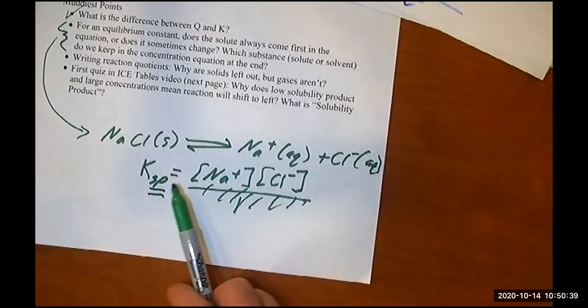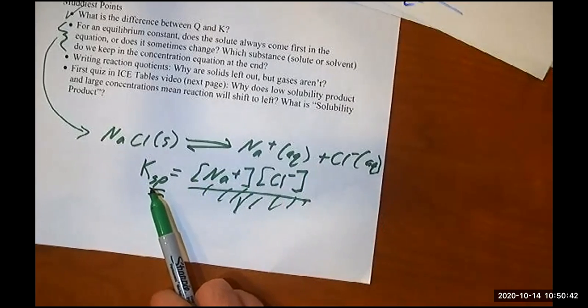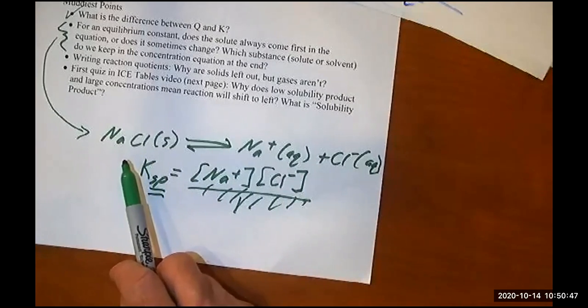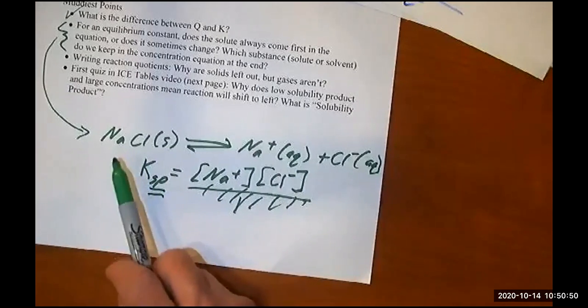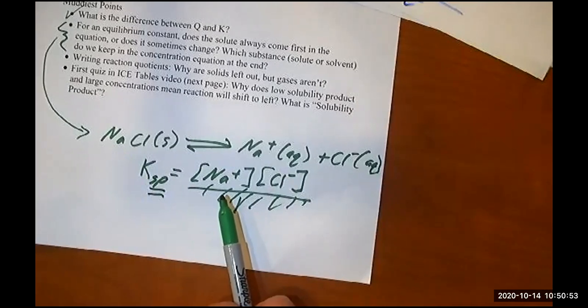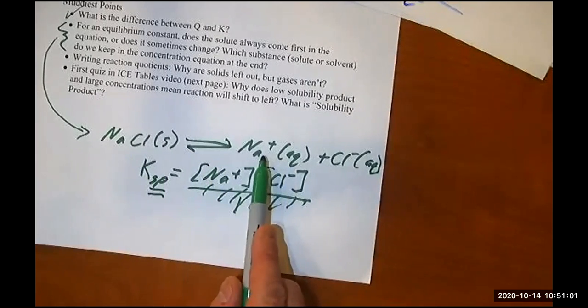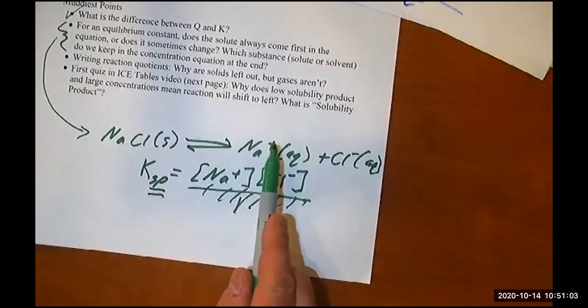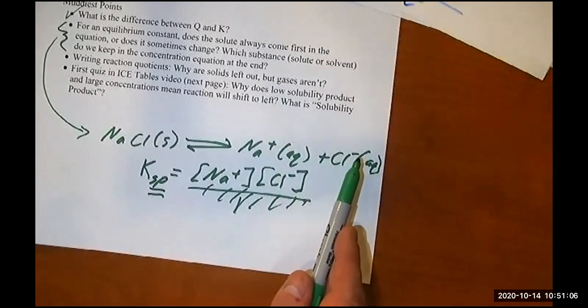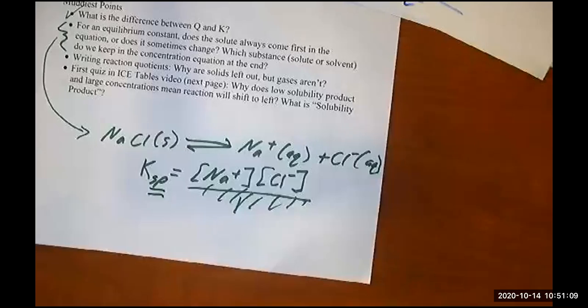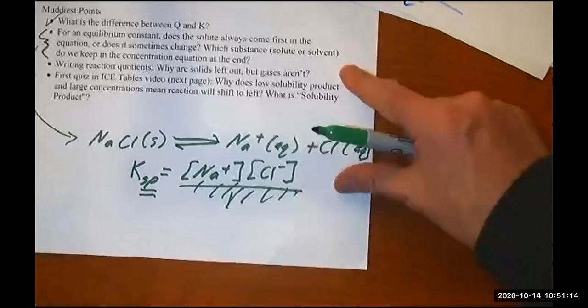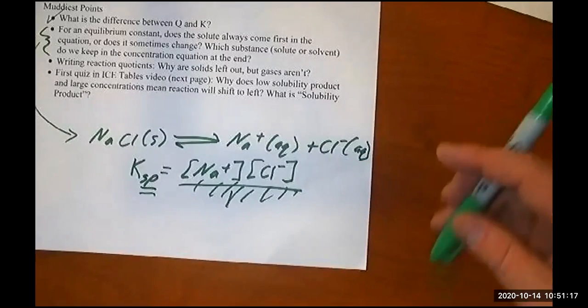And so I think you can probably see that for a solubility product, whatever you have on the left is never going to factor into the equilibrium constant because it is always going to be a solid or a liquid that you're dealing with. And so you're simply going to have the product of all of the components that it dissolves into on the right, which is why this is called a solubility product. These are the things multiplied together. So the name makes a little bit of sense, which is always nice. It helps you remember things.